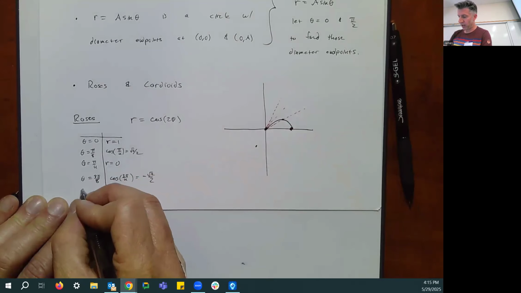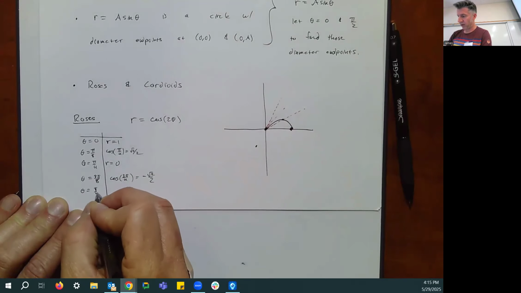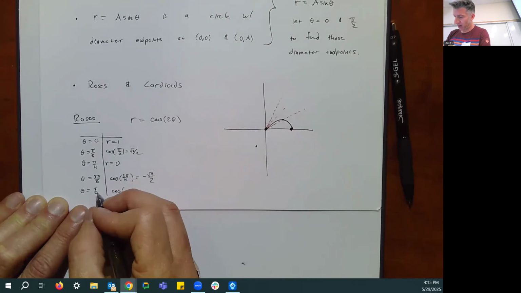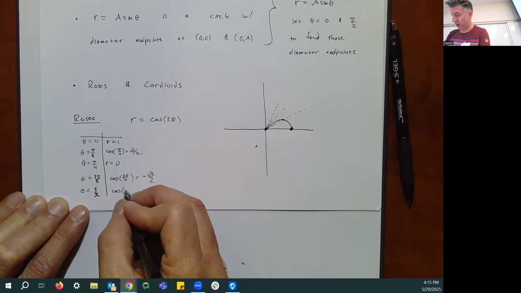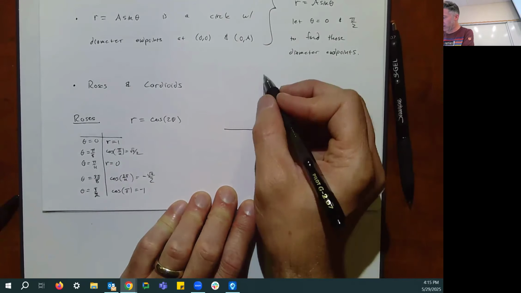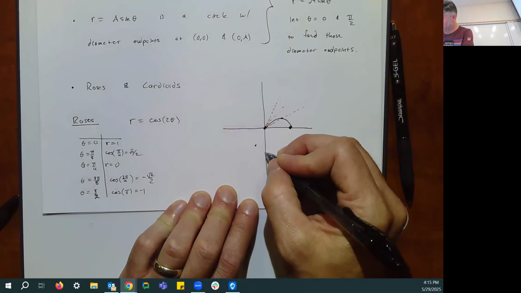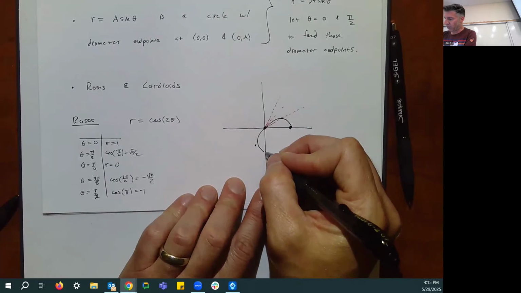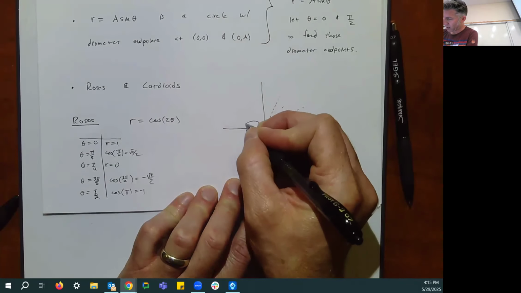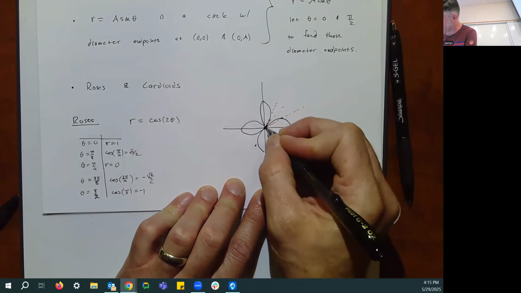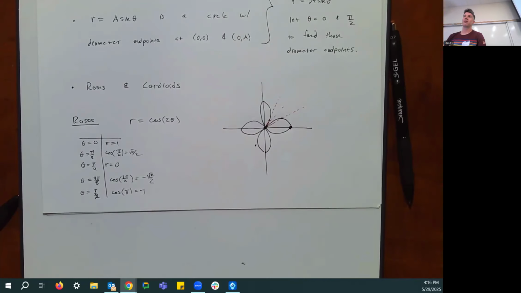And then if I plug in theta equal to pi over 2, I get cosine of pi, which is negative 1. So in the pi over 2 direction, which is up, I'm going negative 1, which is down. So I'm getting like that. What happens is this keeps happening. I go this way, this way, this way, which is kind of horrible.